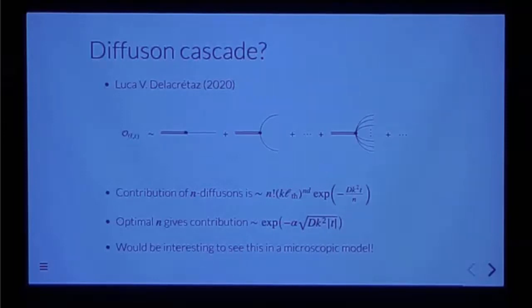Then you find the optimal n which contributes as time progresses, for a fixed value of wave vector. If you believe these estimates, that gives a contribution with a stretched exponential form. So it still has the same z equals 2 behavior, but with this interesting stretched exponential. As far as I know, there's no microscopic model in which this has been observed, but it would certainly be interesting.